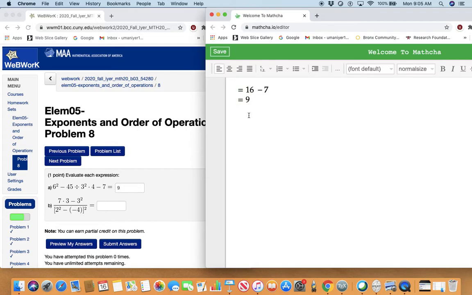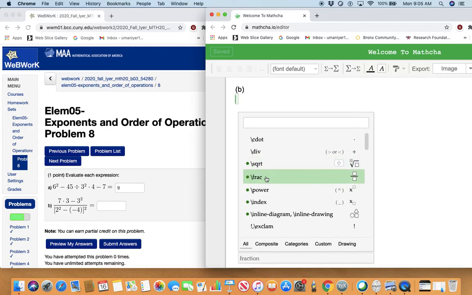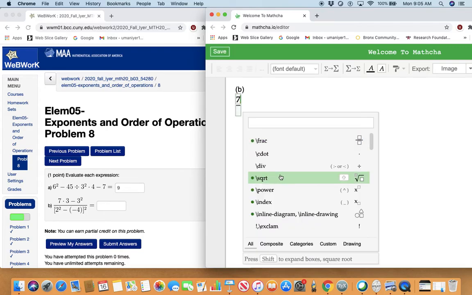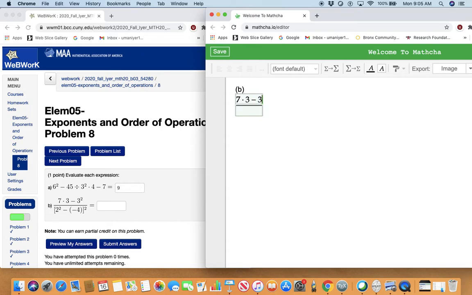B part. You have a fraction: 7 times 3 minus 3 power 2 over, notice that's a bracket, bracket 2 power 2 minus negative 4, bracket power 2. All right. Well, this long fraction, this long division, basically that's a grouping mechanism.